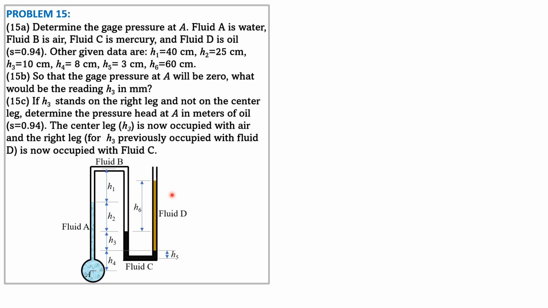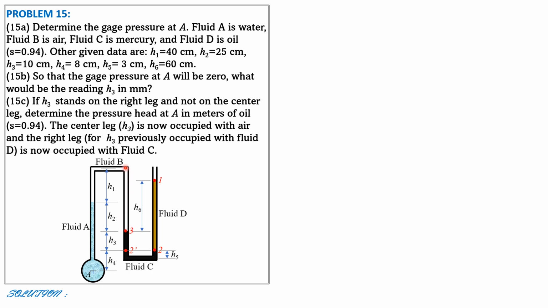So let's mark for the solution, let's mark here as point 1. It is exposed to the atmosphere, so its pressure is 0. Then here, point 2. Then at the same level we have the same fluid, homogeneous, so this is 2 prime, with the same pressure. Then from 2 prime to this point, 3.